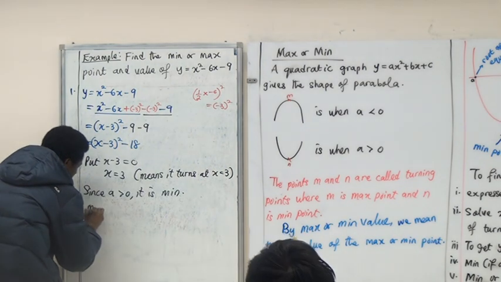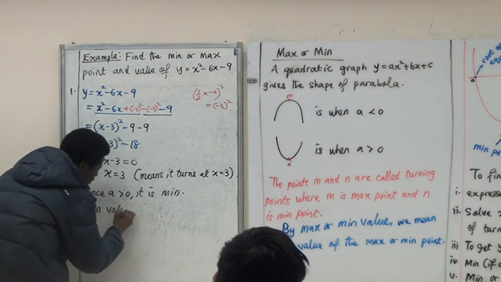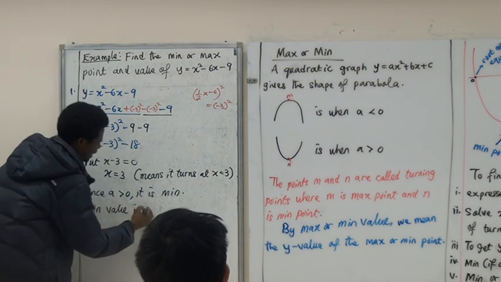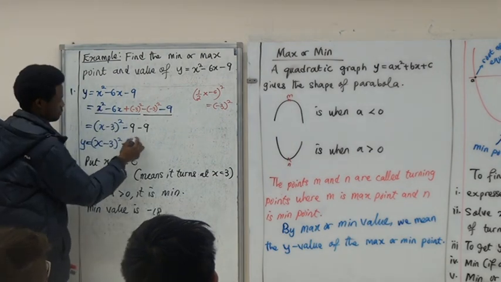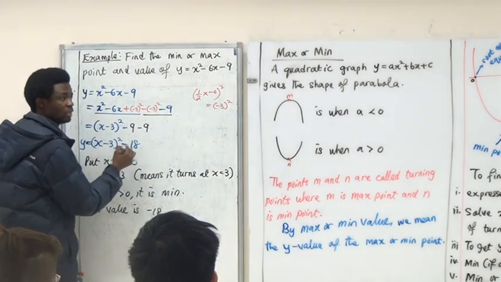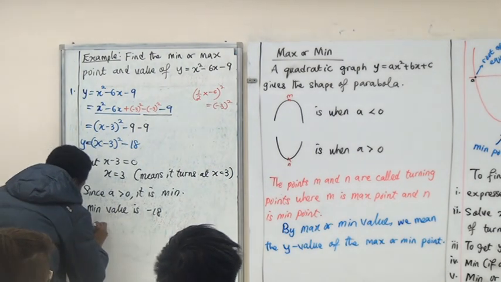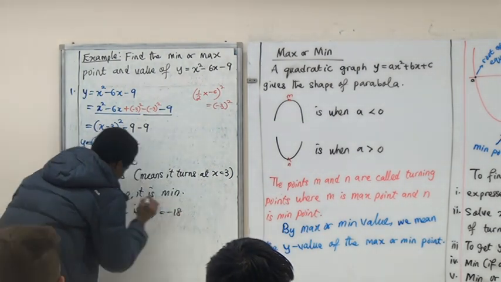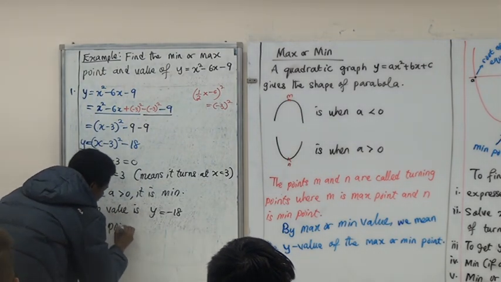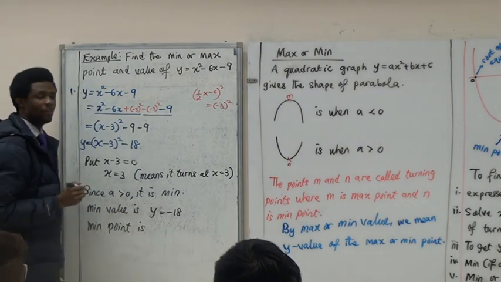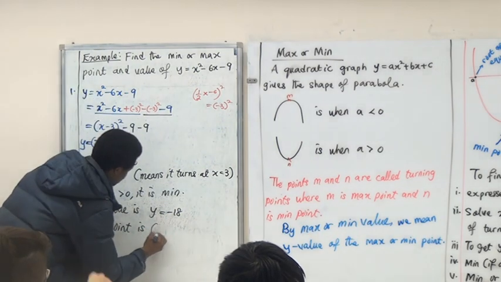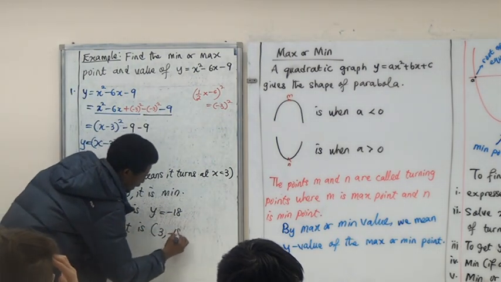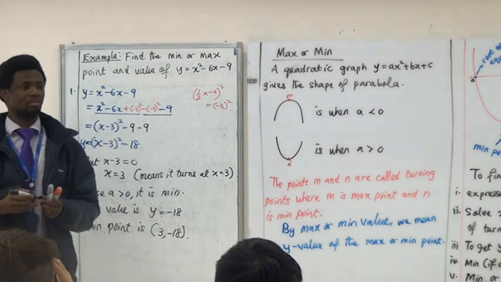So the minimum value is -18. Now that we know the y value, I write it as y is equal to -18. What is the minimum point? 3, comma, -18. That's all.